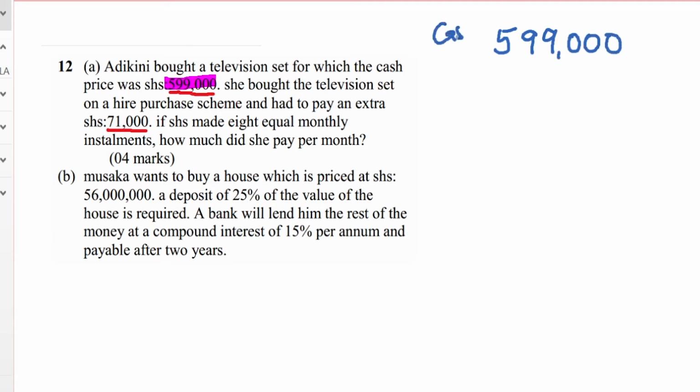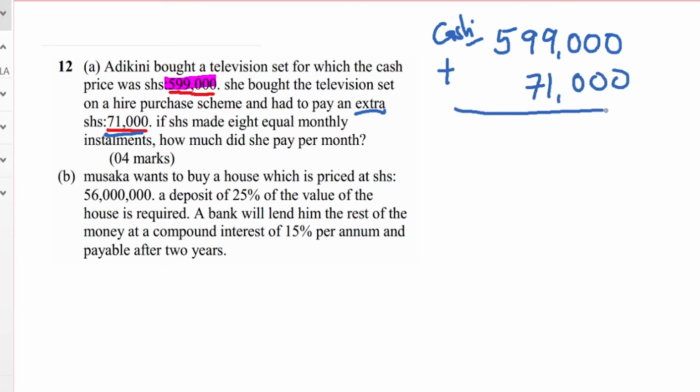However, because she was buying the television set on hire purchase scheme, she paid an extra 71,000. So it means that because of the hire purchase, she paid an extra 71,000.